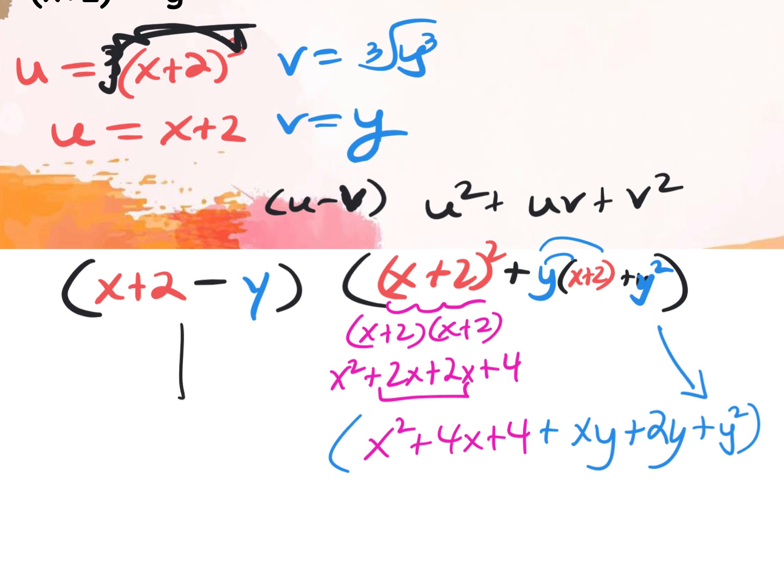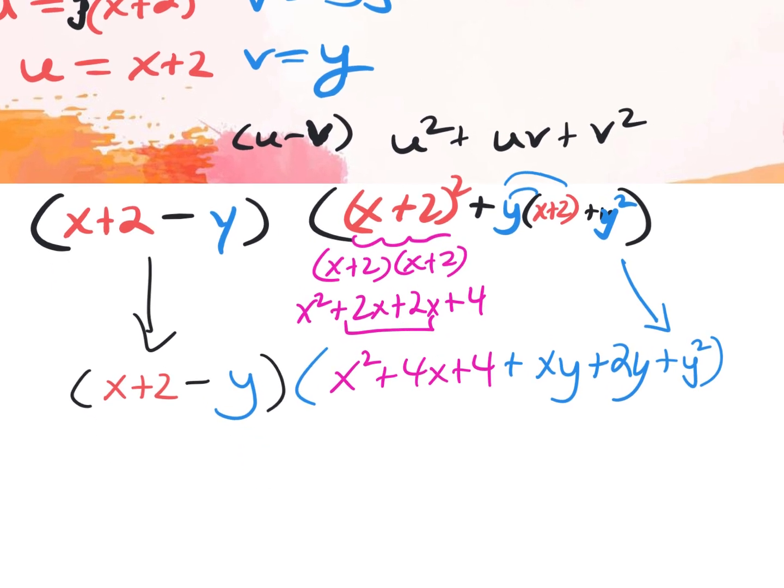And I also had this original term, the x plus 2 minus y. Nothing to combine, believe it or not, in this crazy polynomial. So you just leave it just like that. There are no like terms in that polynomial, no like terms in the first trinomial, so that is your final answer.